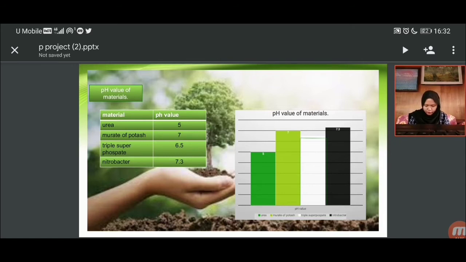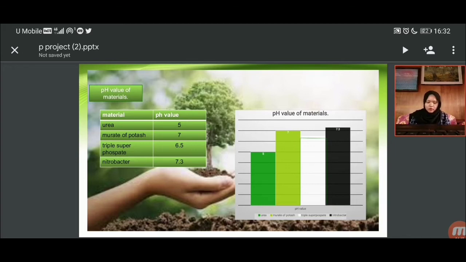So the pH value for Nitrobacter is 8.3 to 9.3, but our pH value for Nitrobacter is 7.3.